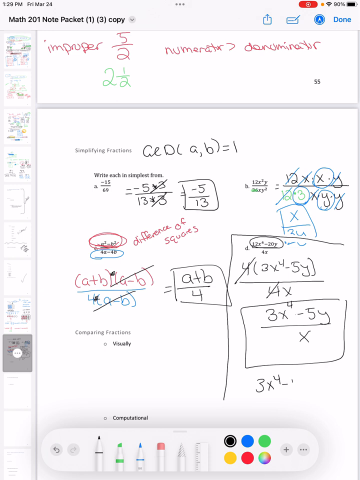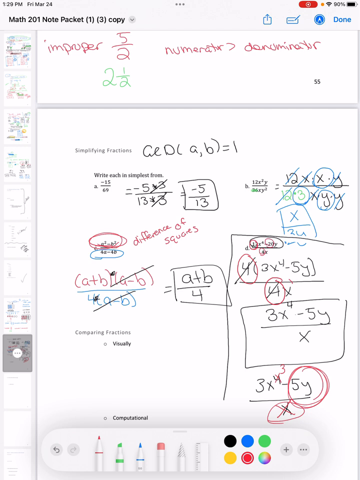I'm going to write a common mistake down here, so let me recopy it. What a lot of times people want to do is cancel out this x in the bottom and cancel out an x in the top. We cannot do that because this x did not exist in the last term in the numerator. Notice I could only cancel the 4s out when that 4 is being multiplied by everything in that factor. Basically, 4 was a factor of 12, 20, and 4.